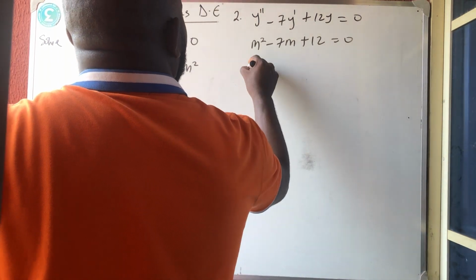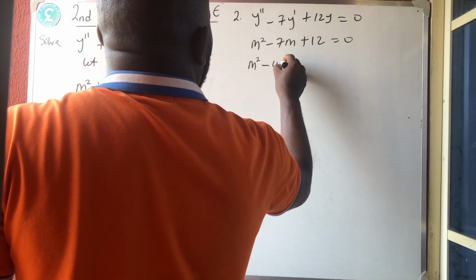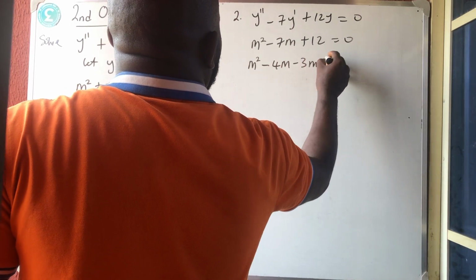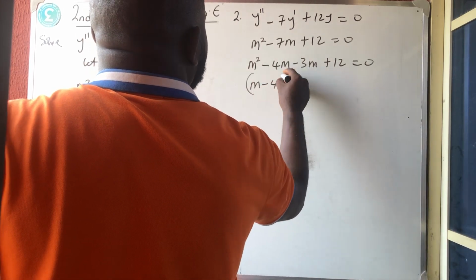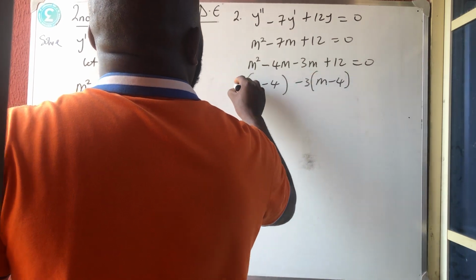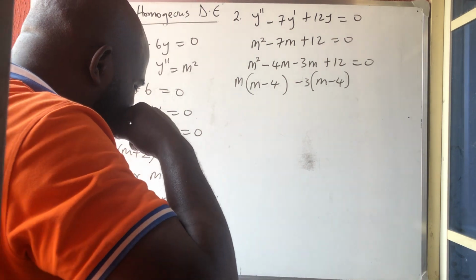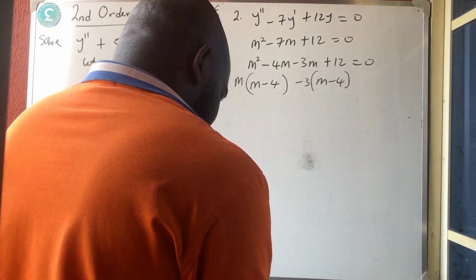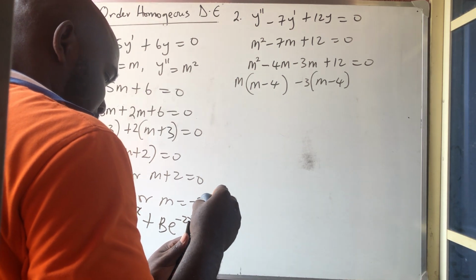So what do we have now? m squared minus 4m minus 3m plus 12 is equal to 0. So I'm having m minus 4, m minus 3 and m here. If you don't know how to do factorization method of quadratic equation, you can check my video on quadratic equation to learn that.